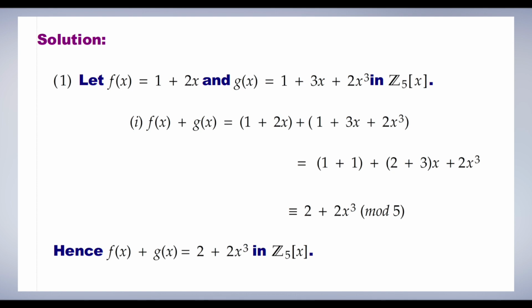So 1 + 1 is 2. Here 2 + 3 is 5, so we apply mod 5. We divide by 5 and get the remainder 0. So 0 times x is 0, and we are not getting the term of x here, plus 2x^3. So f(x) + g(x) is congruent to 2 + 2x^3 mod 5. Hence, f(x) + g(x) = 2 + 2x^3 in Z5[x].